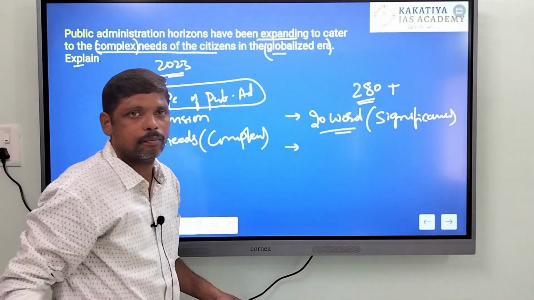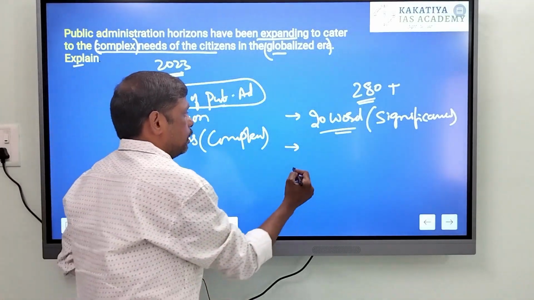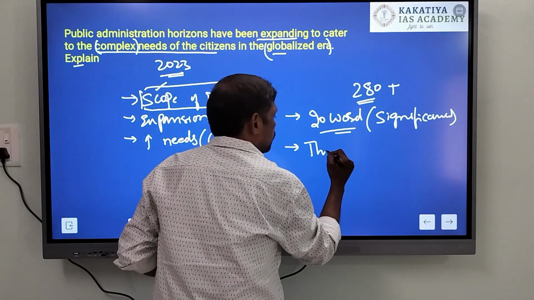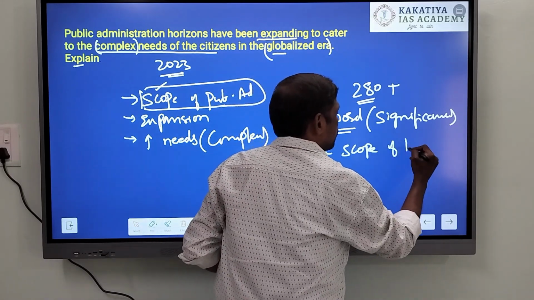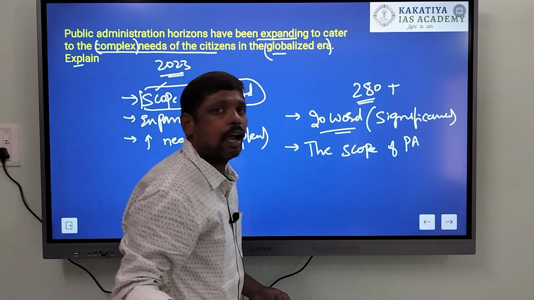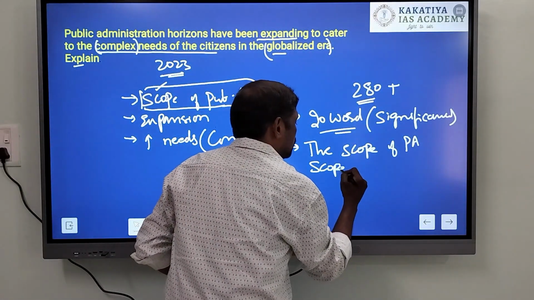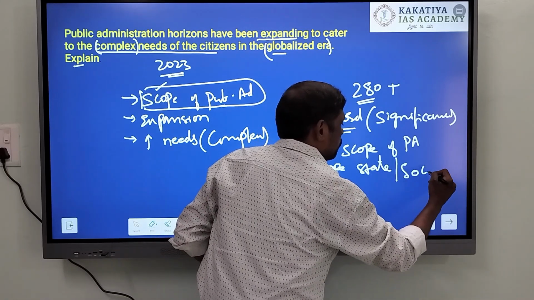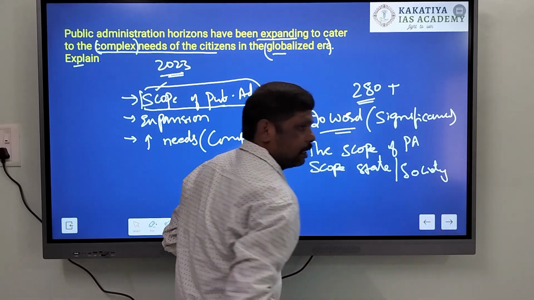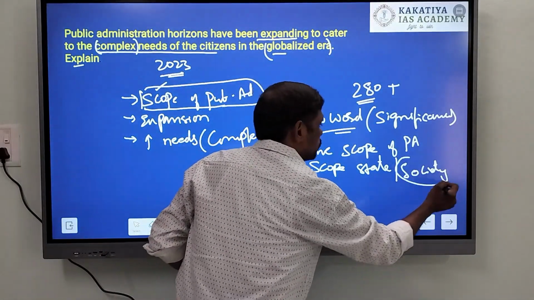Then say that the scope of public administration is defined and determined by the scope of state and society. Alright. So now the answer is about society.